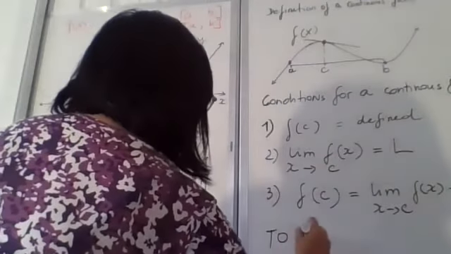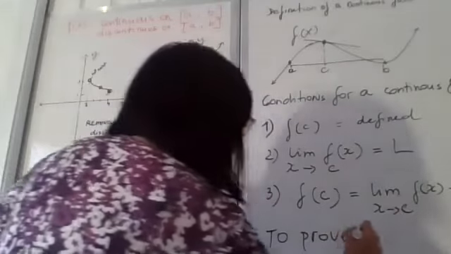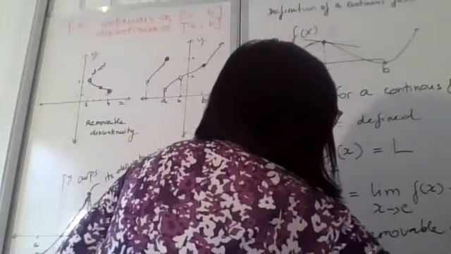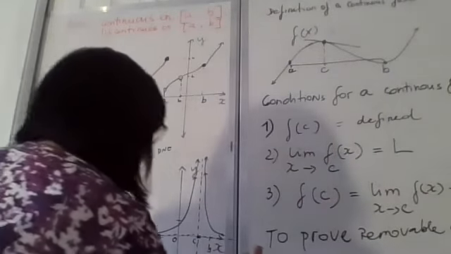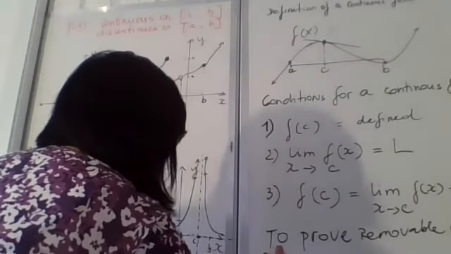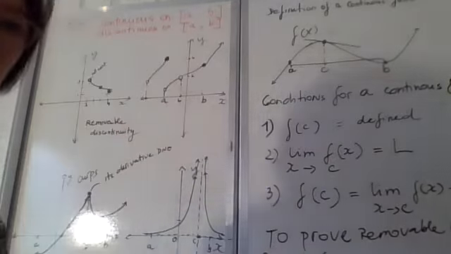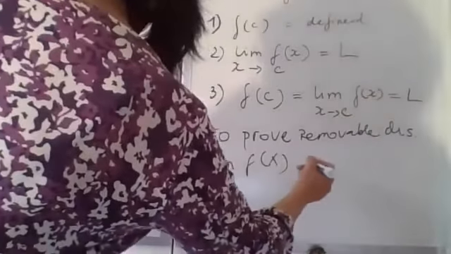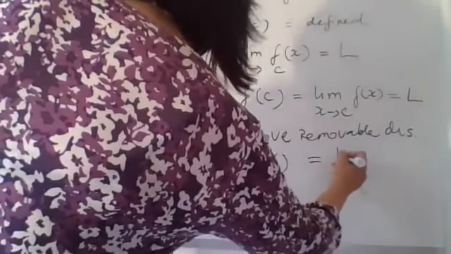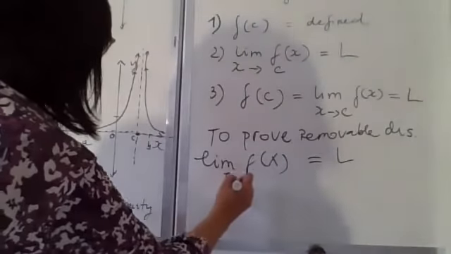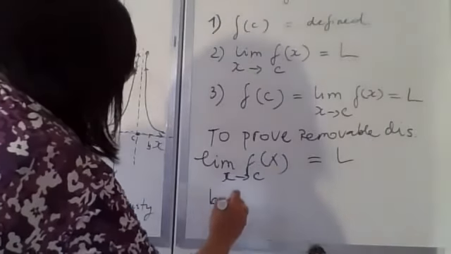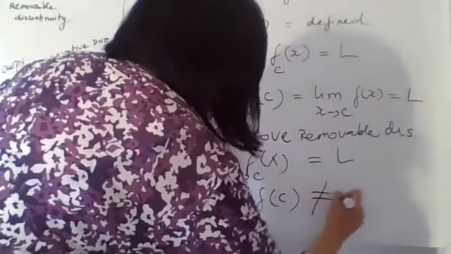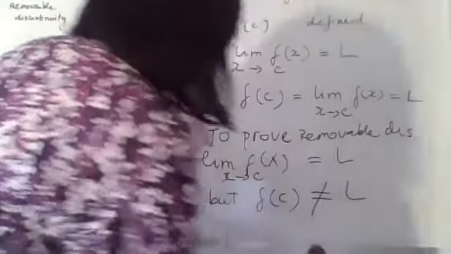To prove a removable discontinuity is to prove that the limit of f of x exists and equals L when x approaches c, but f of c is not the same as the L value.